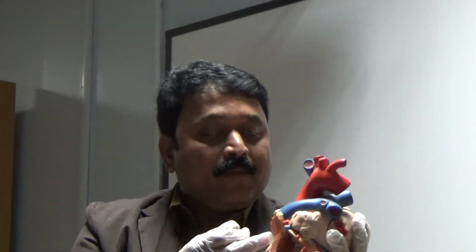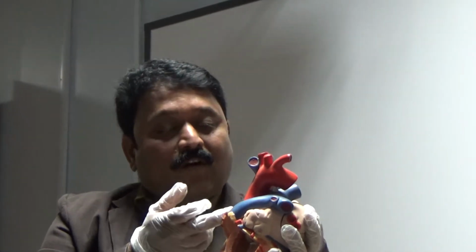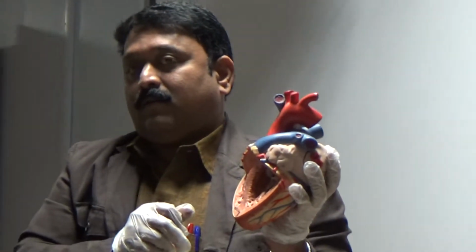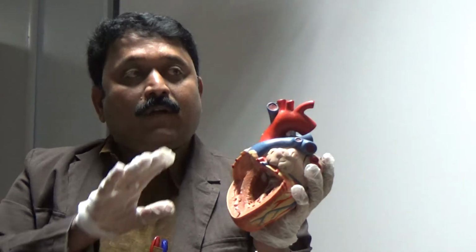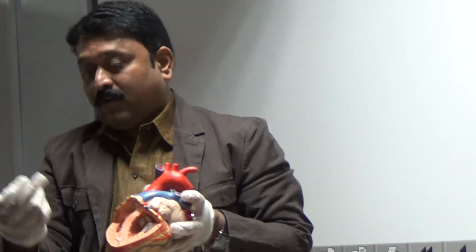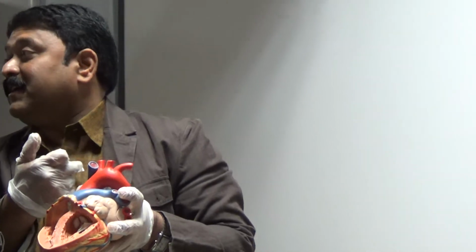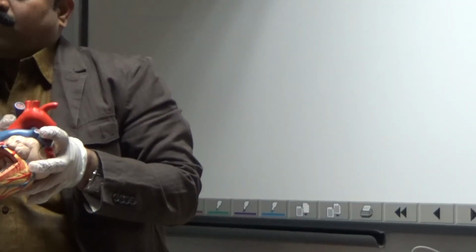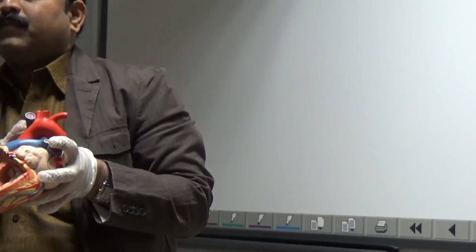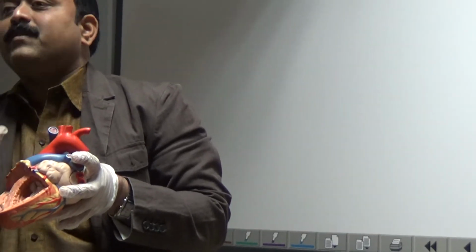There is no prolapse of these valves into the right atrium. So these valves provide unidirectional flow of blood, only from the right atrium to the right ventricle, not from the right ventricle to the right atrium. All the valves I am telling about, the semilunar and both AV valves, provide unidirectional blood flow.